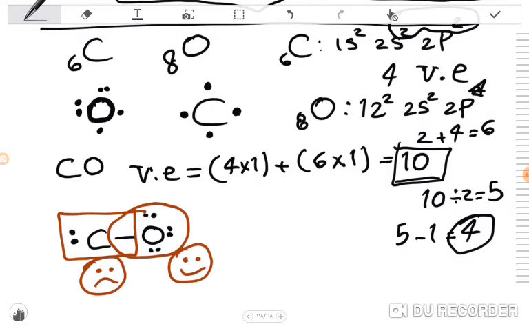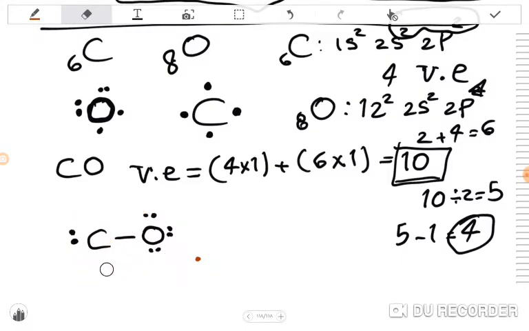Okay? Oxygen says to carbon, don't be worried. We are neighbors. I will help you. The carbon says, can you do this? Oxygen says, I will do. Don't be worried.